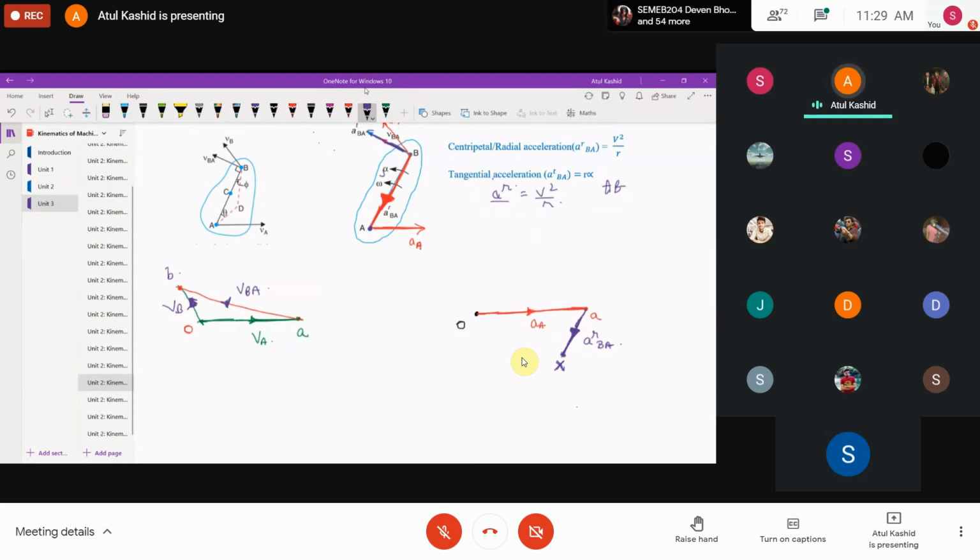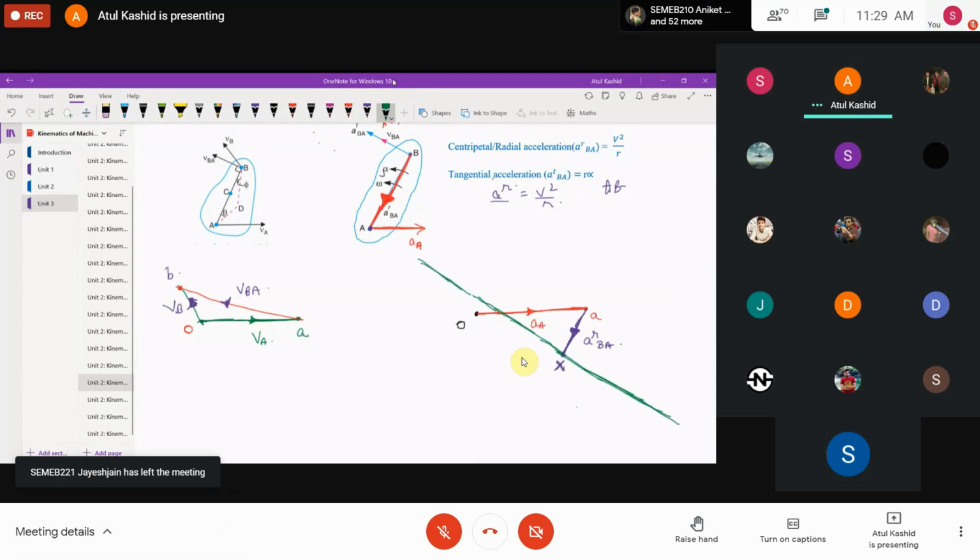And in the acceleration diagram, I'm going to draw a line parallel to that line, right? So I will use another color. So from X, I will draw a line like this. I will extend it on both sides because I don't know where I'm going to get a point. Or somewhat to the right side I will take. Just give me a moment.